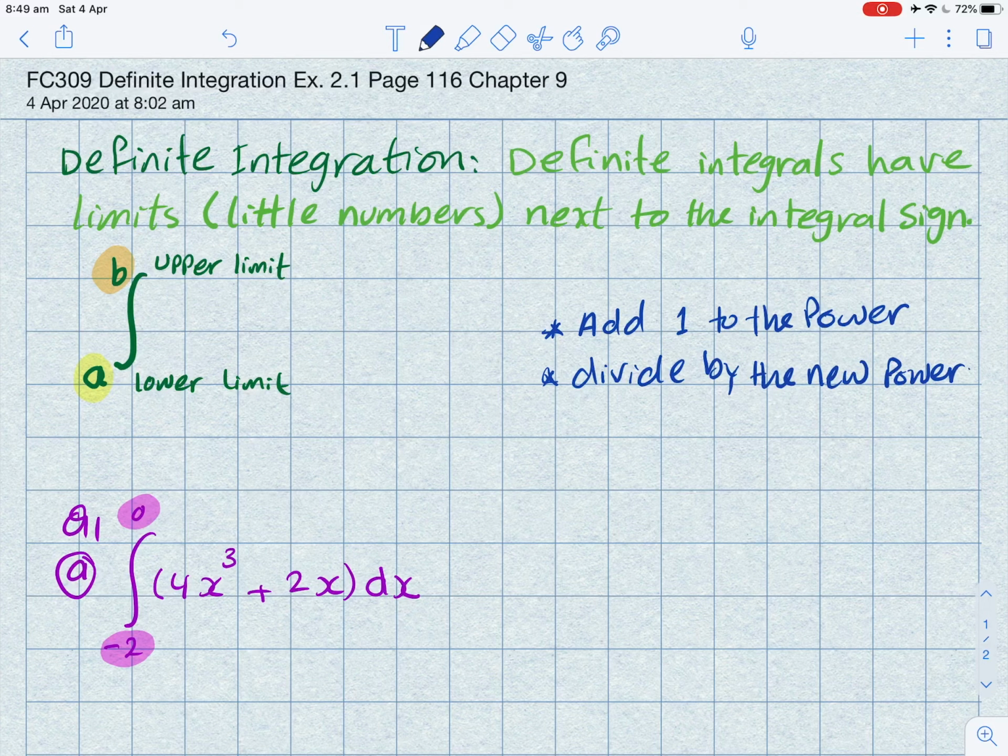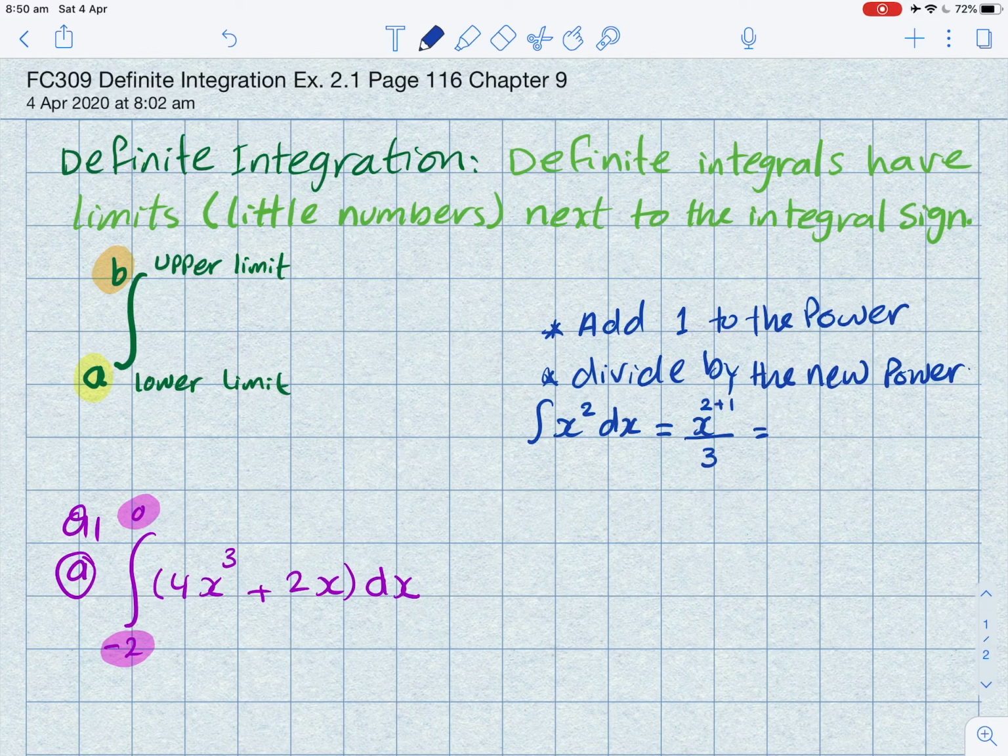Just a quick example before I start doing the question. If I want to integrate x squared dx, I add 1 to this power, which is 2. So it's x to the power 2 plus 1, and 2 plus 1 is 3. Then I divide by 3.